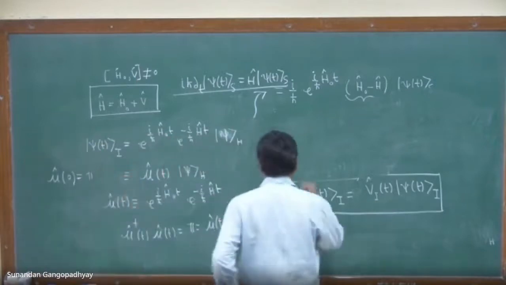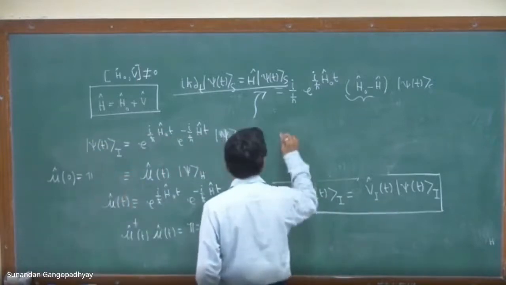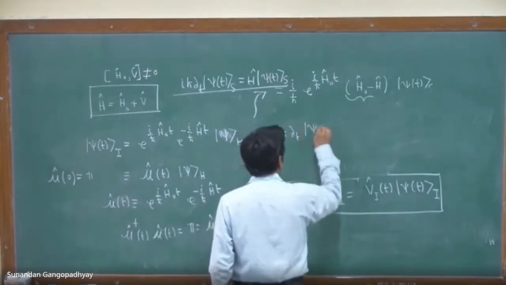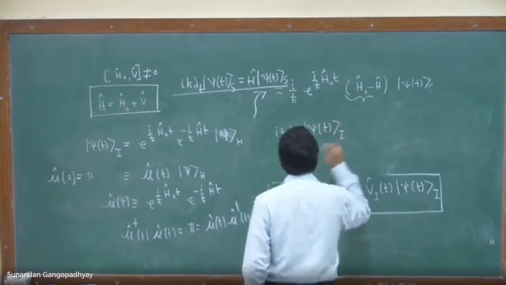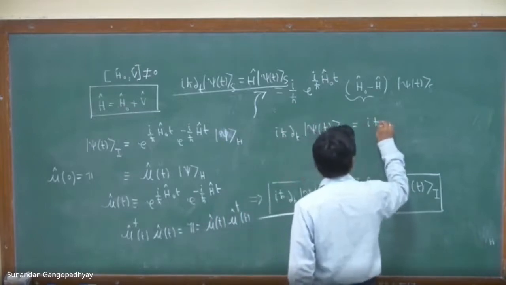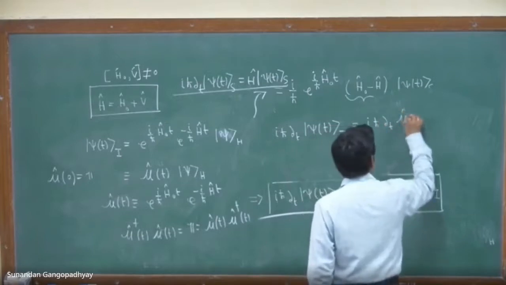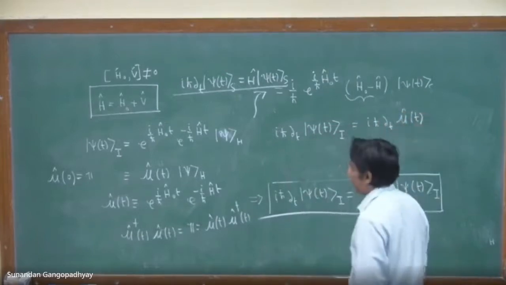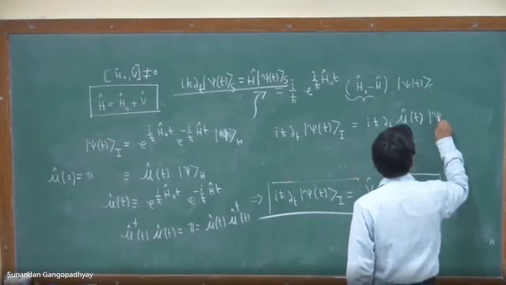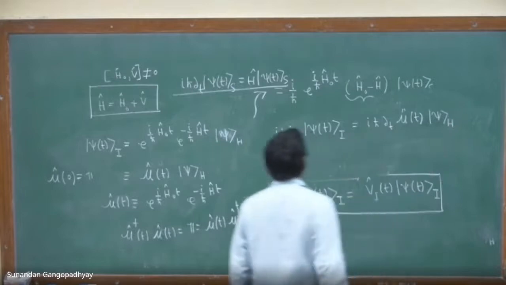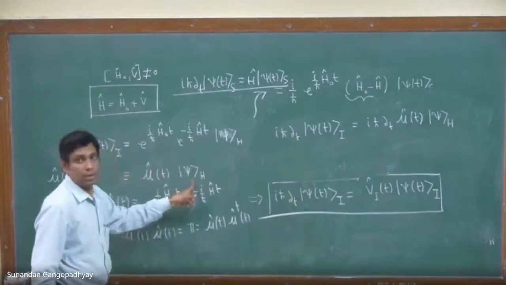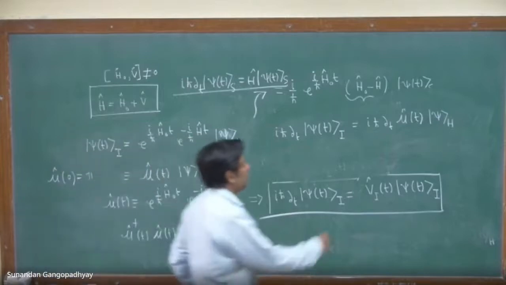We know that i h bar del t psi I is equal to, therefore, i h bar del t U hat t psi H. This del t will act only on this operator because psi H is time independent. But what is this equal to?